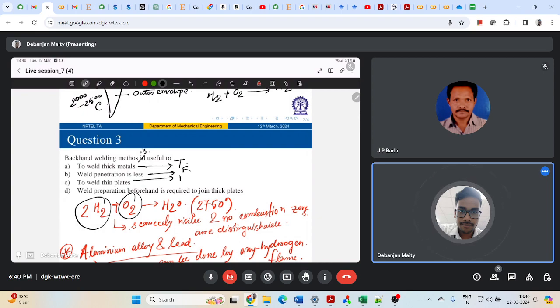This is also a false statement. The forehand welding method is used to weld thin plates, and here I have mentioned weld preparation beforehand is required to join thick plates for backhand. This is also a false statement, that is required for forehand. Okay, so A is correct over here.